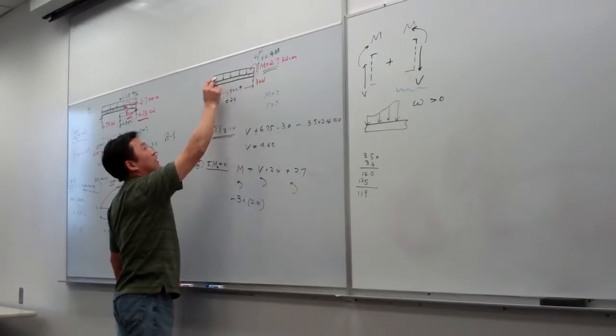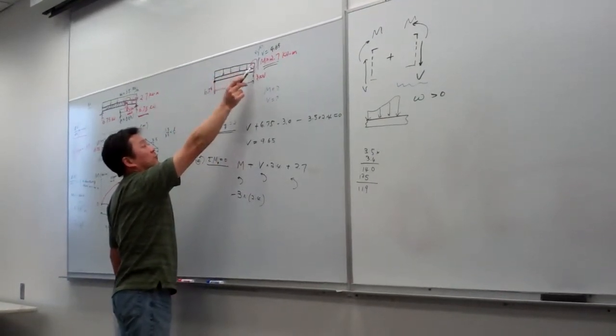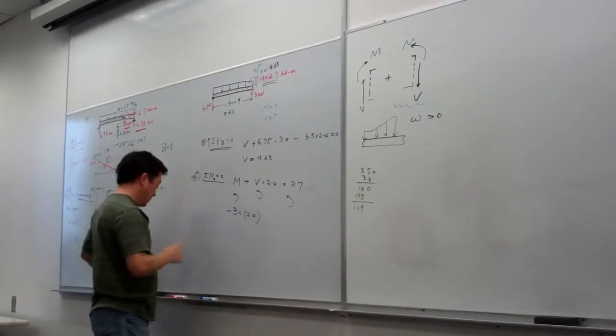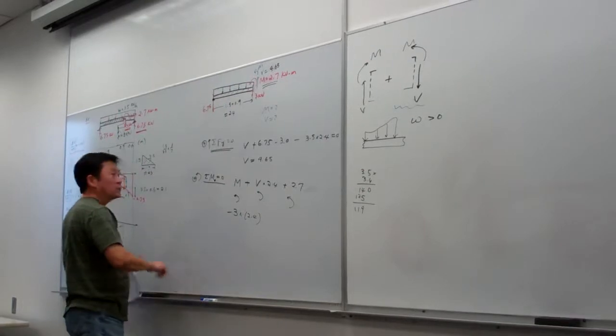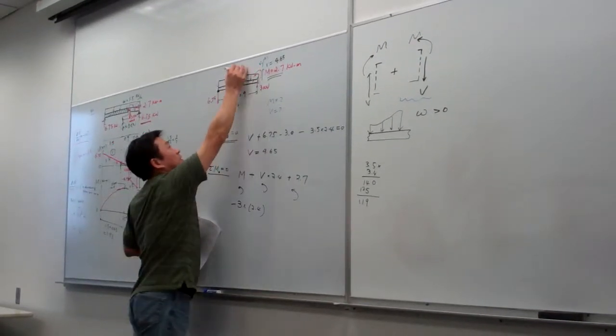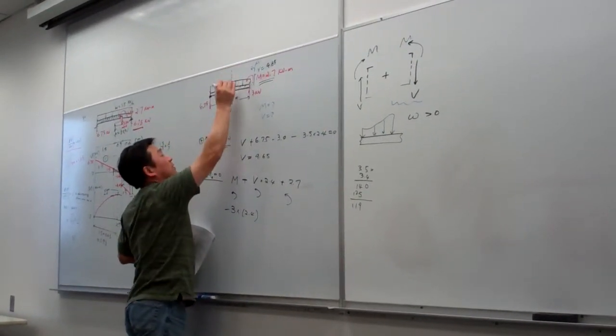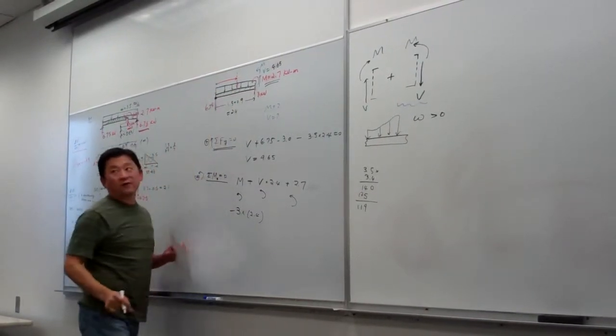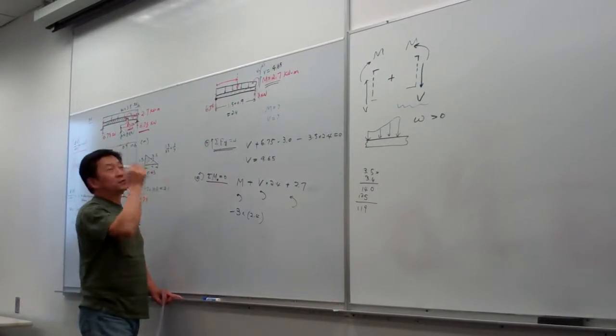Then the last one is the loading from the distributed loading. Distributed loading we can quickly calculate. If you remember in your studies, we can make an equivalent concentrated loading here, and we simply multiply that concentrated loading with half of the distance, because that's uniform.